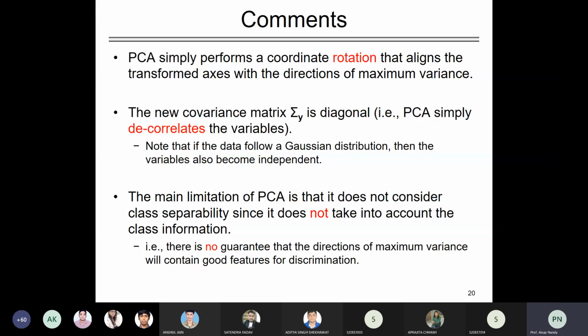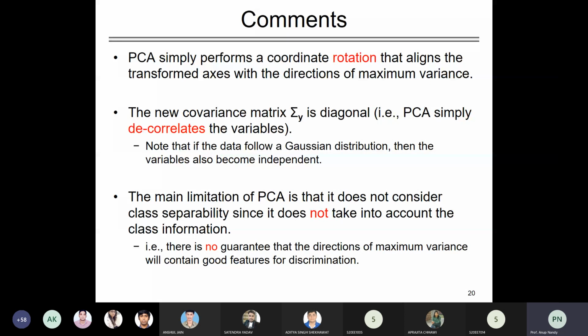You have to note that if the data follow a Gaussian distribution, then the variables also become independent. So these are a few comments that need to be studied. If the data follow a Gaussian distribution, then the variables also become independent.